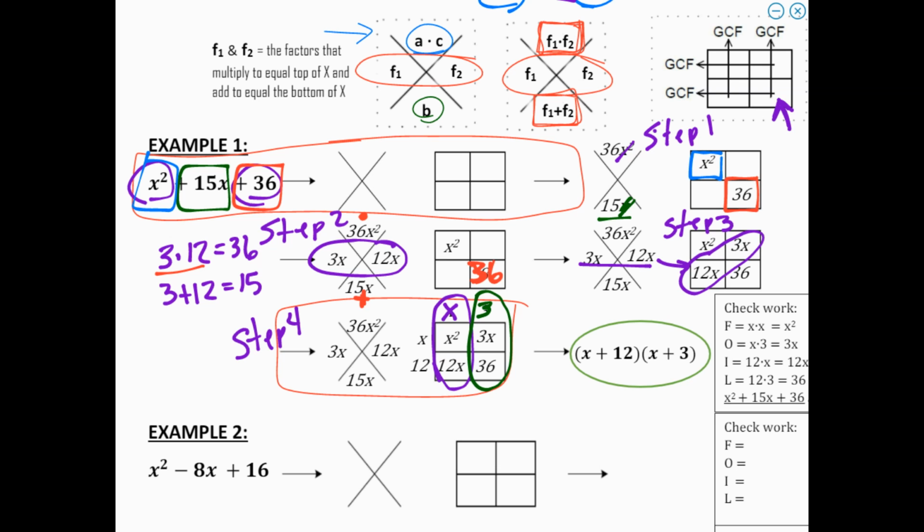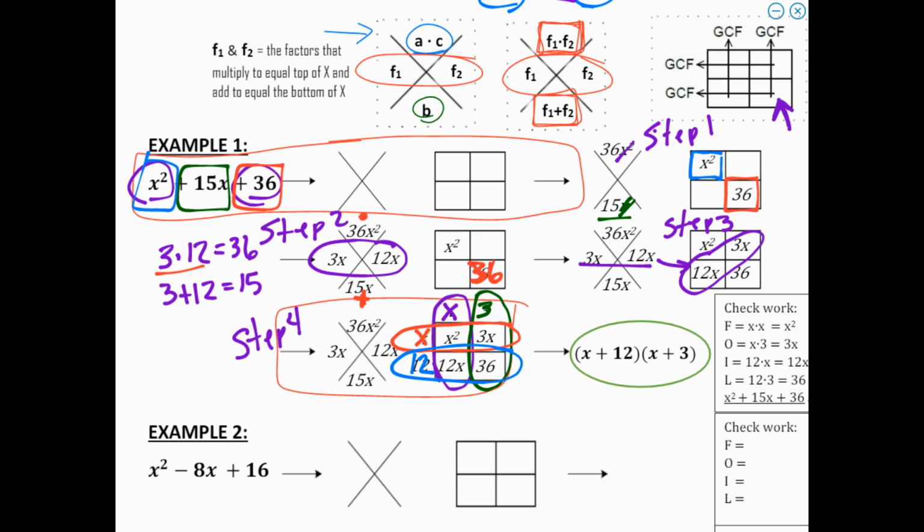Their greatest common factor is 3. So that's why there's a 3 there. And then I'll do this one. 3x and x squared. The greatest common factor there is x. And then lastly, this bottom one, 36 and 12x, 12 is the greatest common factor.